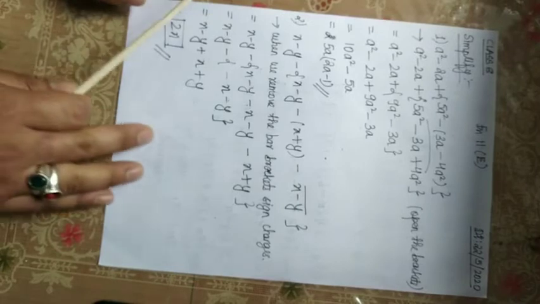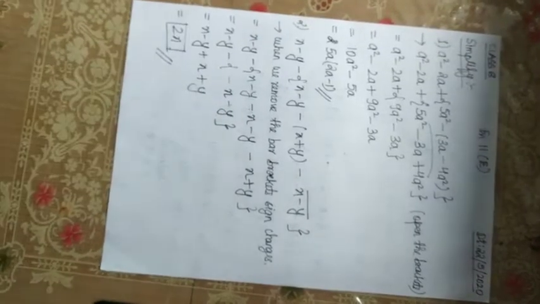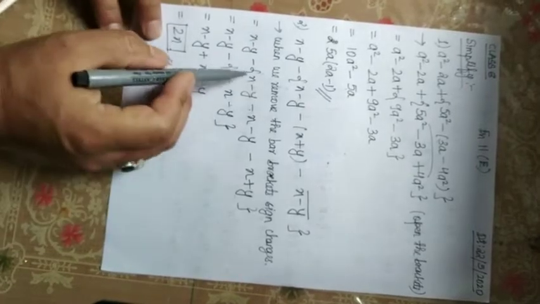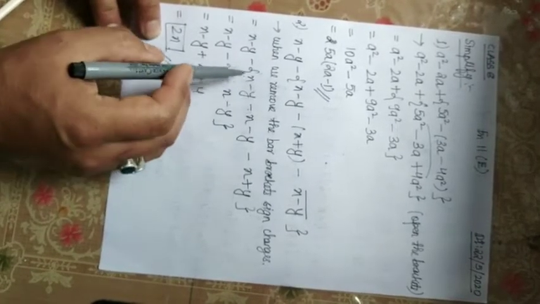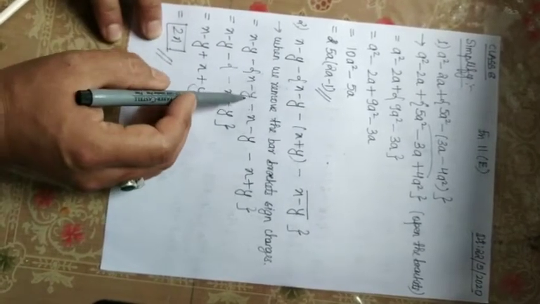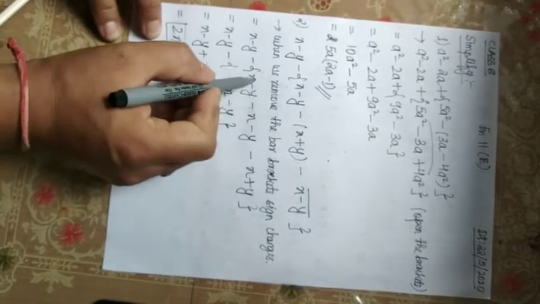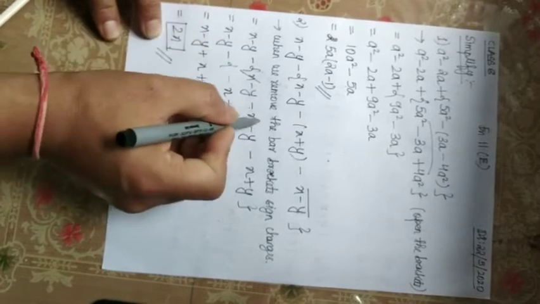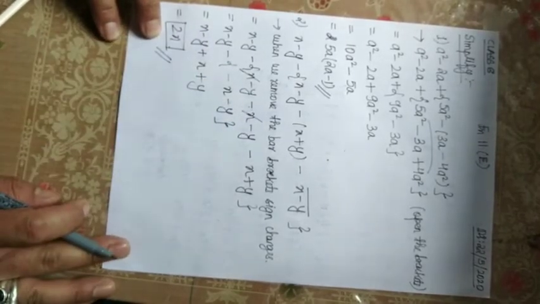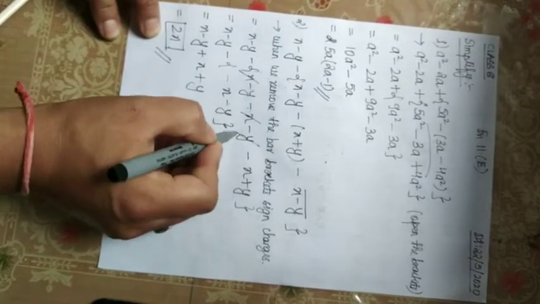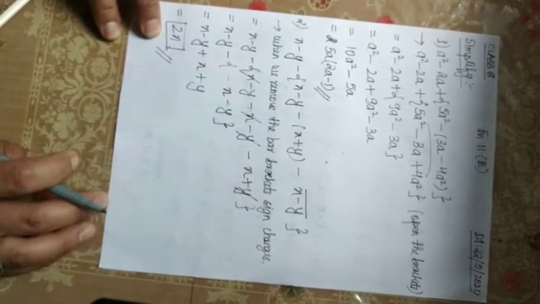Now let us see quickly what I can do here. See, plus x minus y, minus x minus y. From here till here, can you see my plus x and minus x get cancelled out? And similarly minus y plus y. Can you see minus y and plus y get cancelled out?